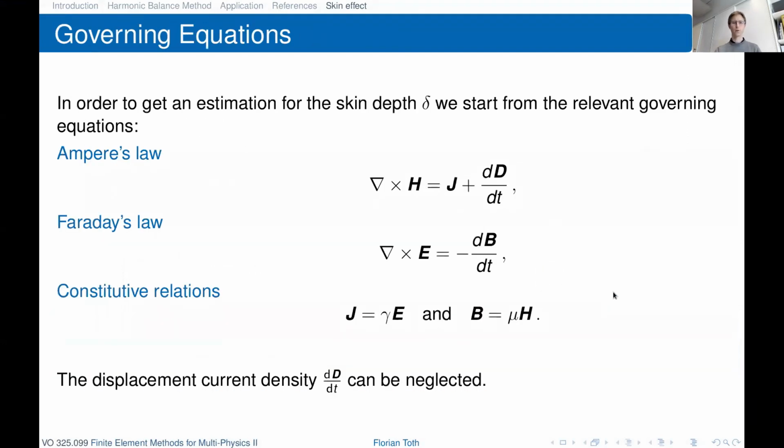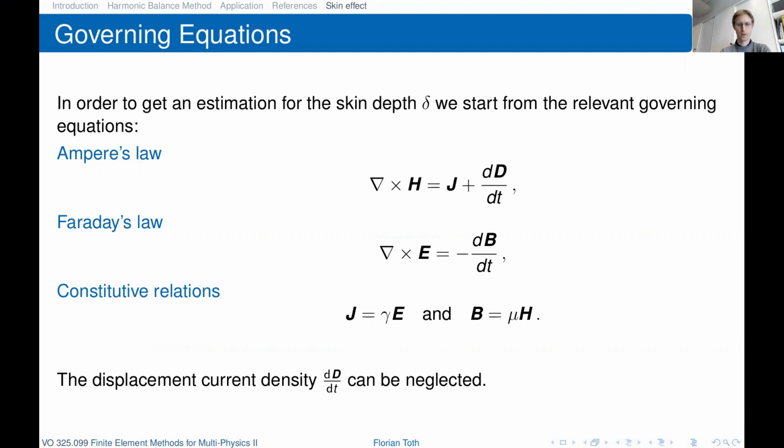So, of course, for this we need governing equations in order to get the estimation of the skin depth. We'll just recall them. So we have Ampere's law, we have Faraday's law, and of course we have the constitutive relations.